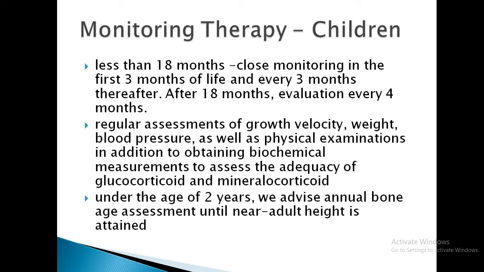If the bone age advances to a pubertal level at an inappropriately early age, testing for secondary, central, or GnRH-dependent precocious puberty is warranted. So if the bone age is rapidly advancing, you need to look for secondary, central, or GnRH-dependent precocious puberty.